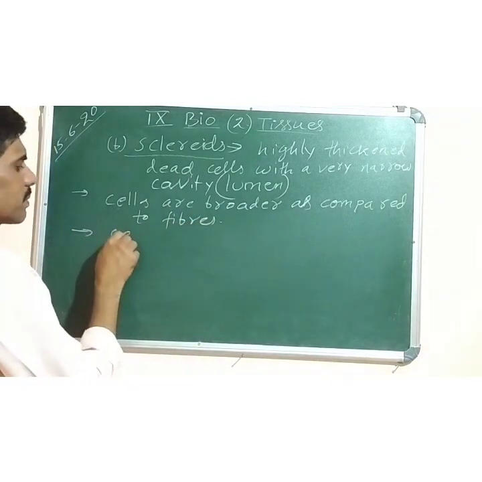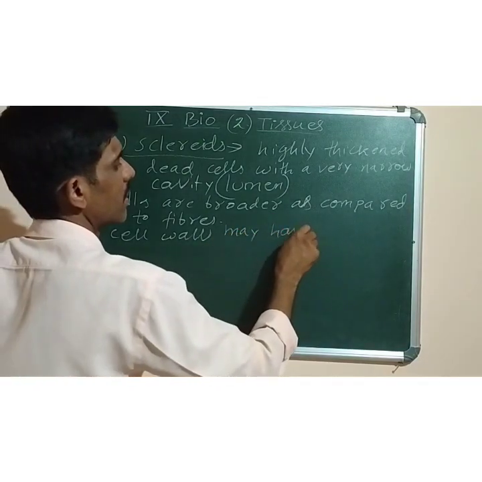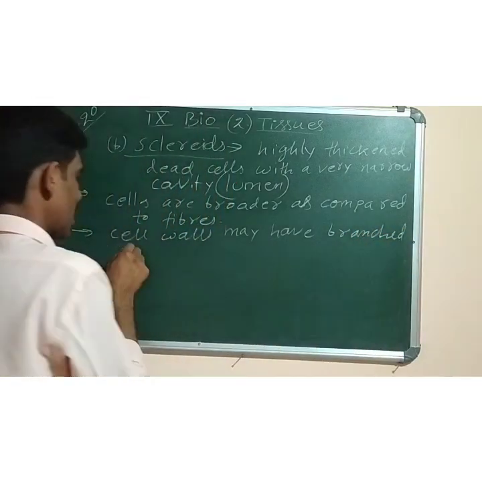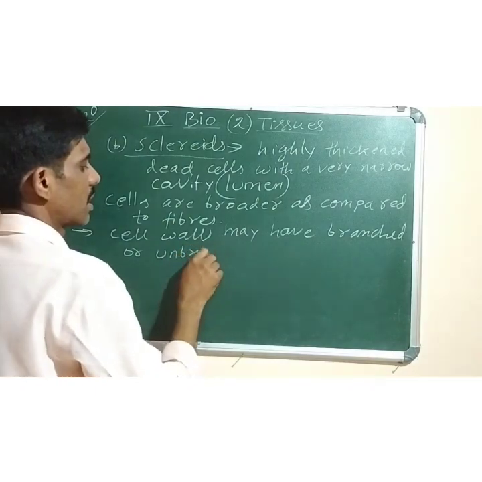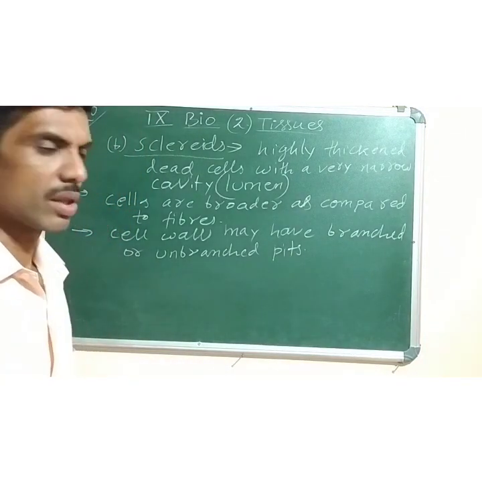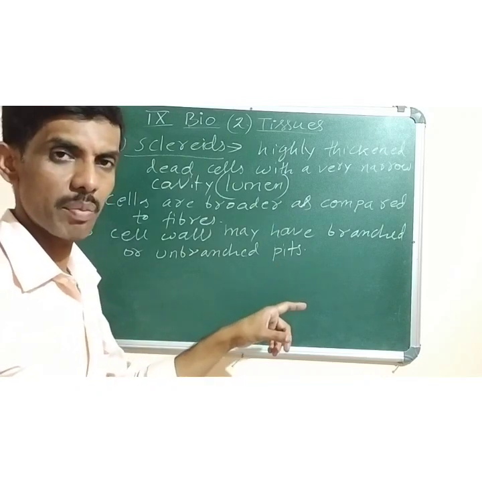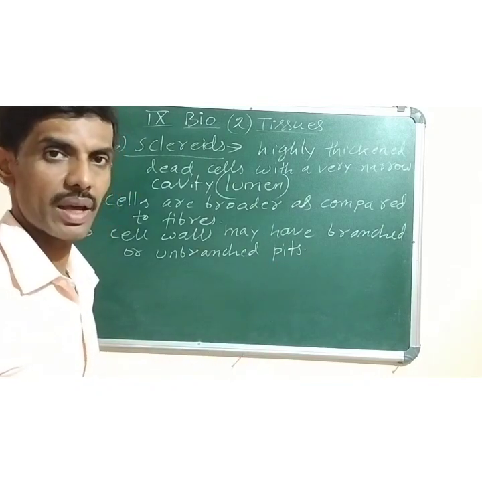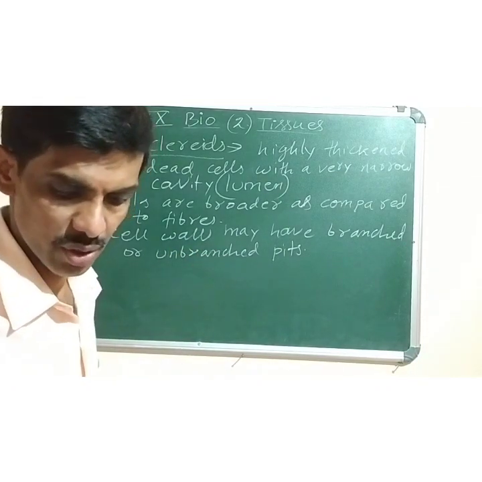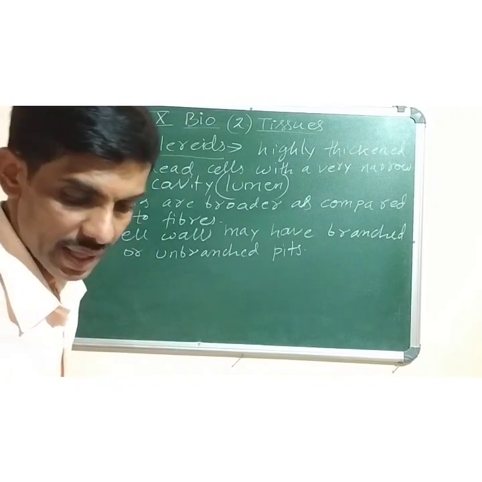The cell walls may have branched or unbranched pits. Pits means the tiny pores which are present. And because the pits of sclerites are elongated, they are also known as pit canal. So this word also you can use. The cells are isodiametric, polyhedral, short, and may also be branched.